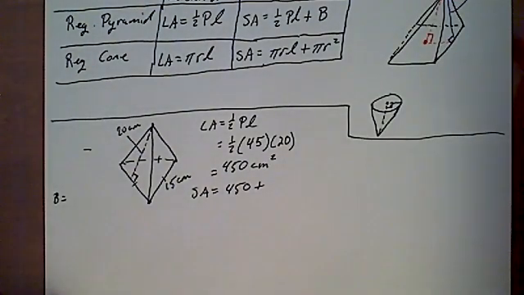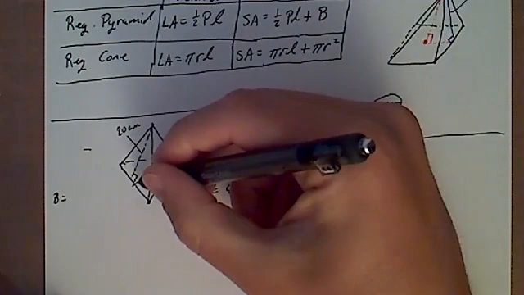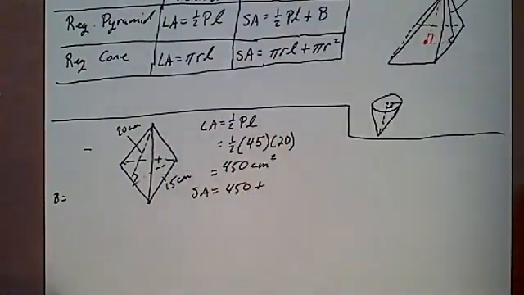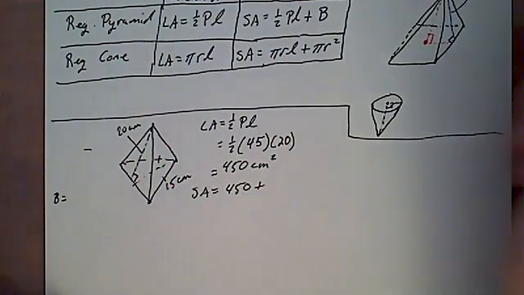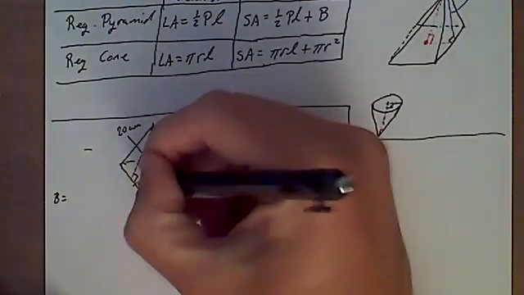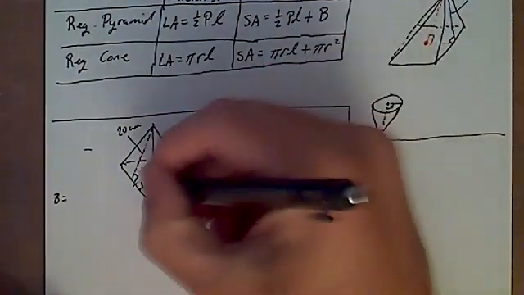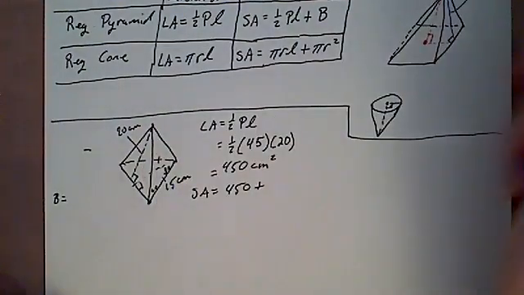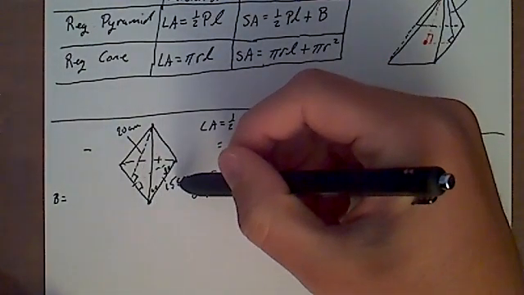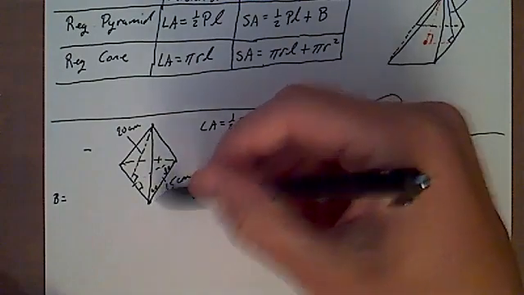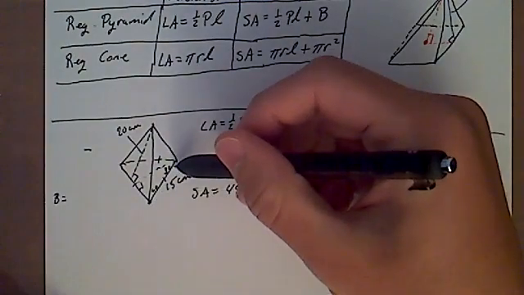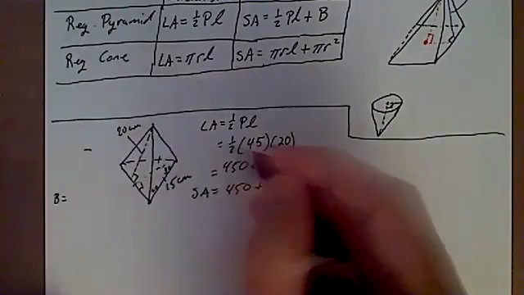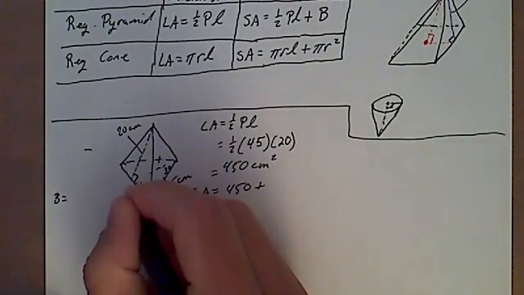And so we can draw in our height, and we can say, well, that's a right angle. This angle down here is 60. This one is 30. And since this is the hypotenuse, the short side down here is, again, half.